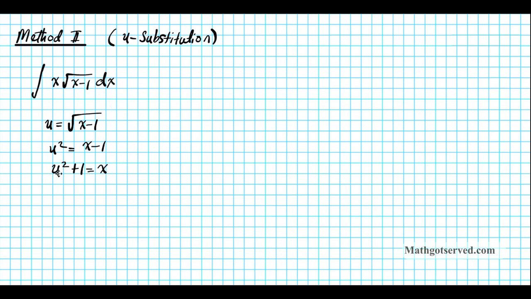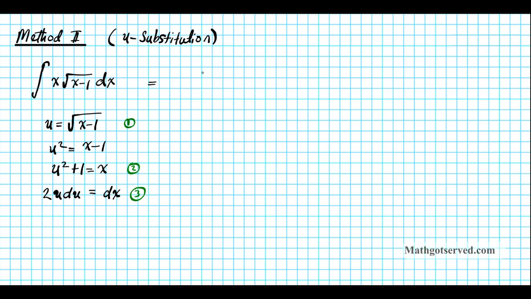To get the dx piece, I'll simply differentiate both sides of this equation implicitly. So if I differentiate this side, I'm going to have 2u du, derivative of 1 is 0, equals derivative of x is just 1 dx. Okay, so a nice substitution happening here. So I'm going to make use of equation 1, equation 2, and equation 3 to express this integral in terms of only u.